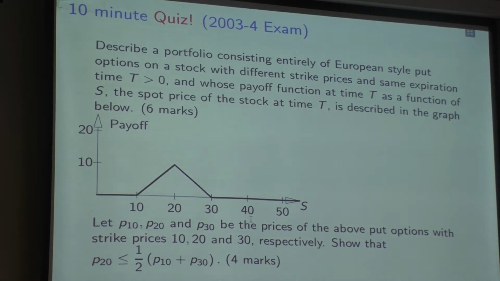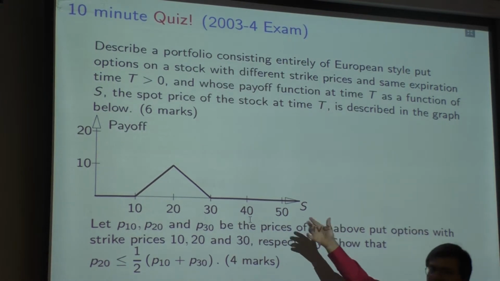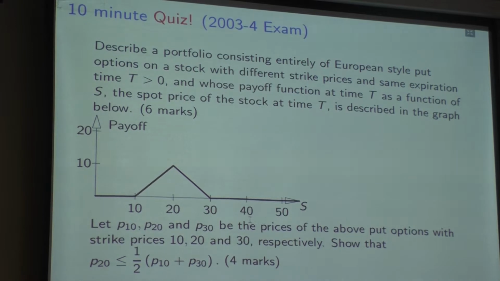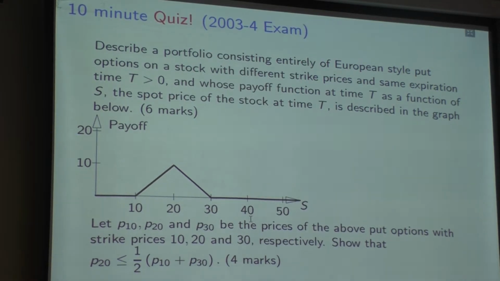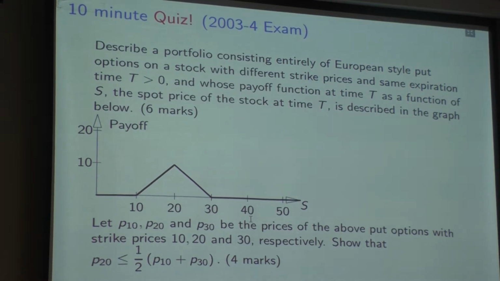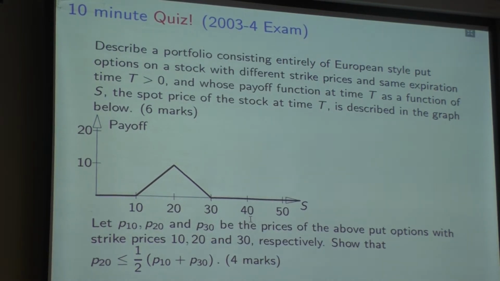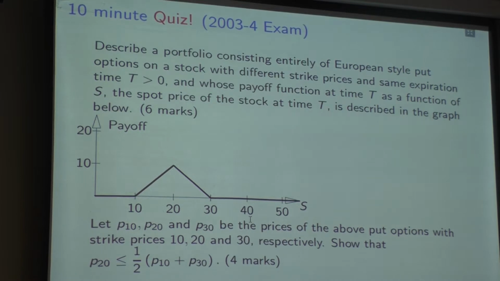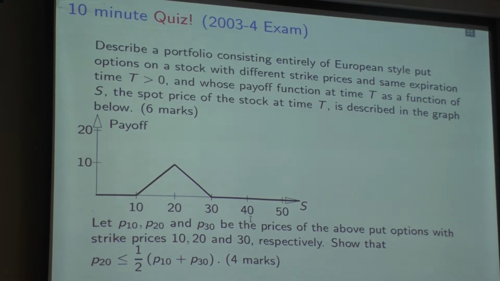When you look at this function, what sort of function is that? What can you say about the values of this function? They look non-negative to me, right? Can you hear me?